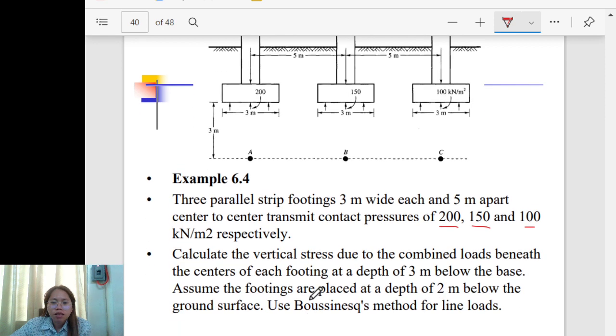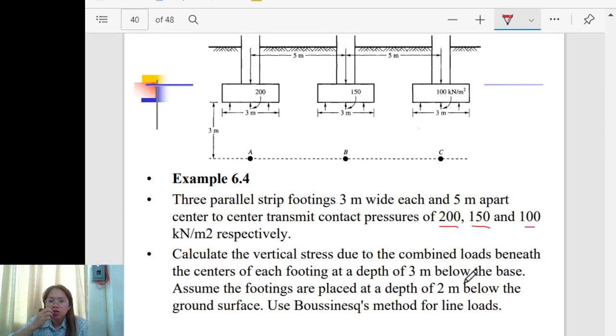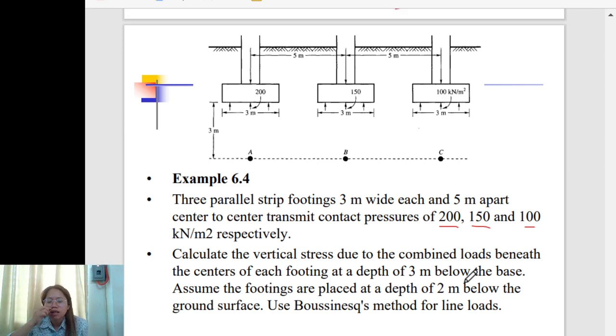Calculate the vertical stress due to the combined loads beneath the centers of each footing at a depth of 3 meters below the base. Assume the footings are placed at a depth of 2 meters below the ground surface.